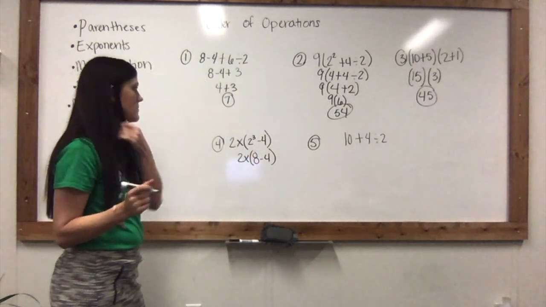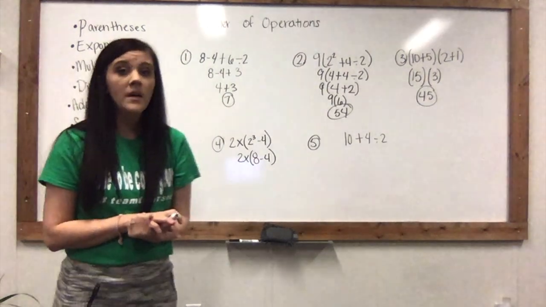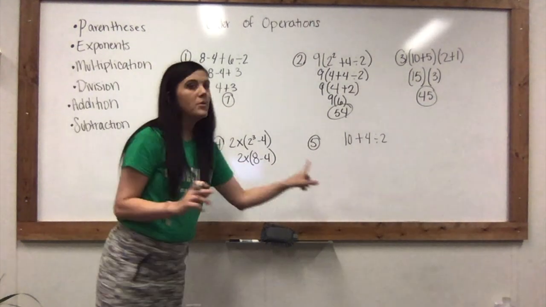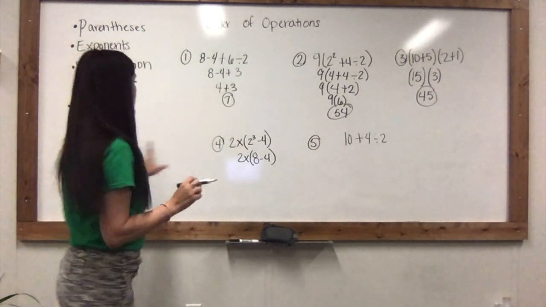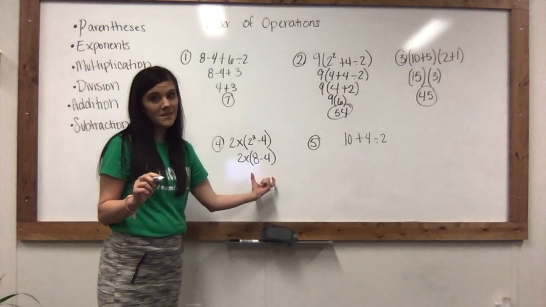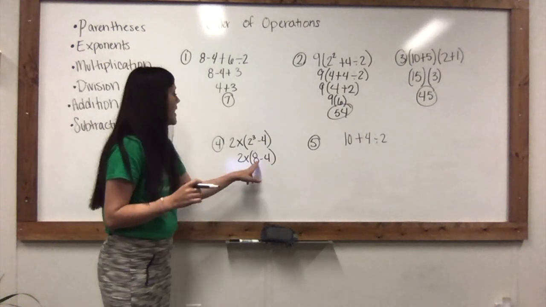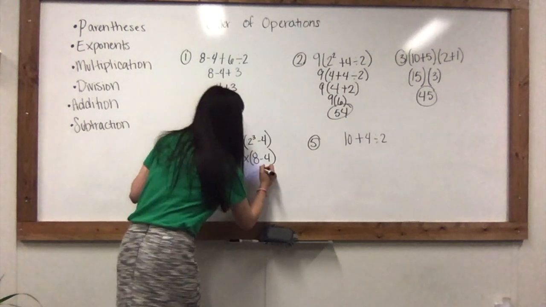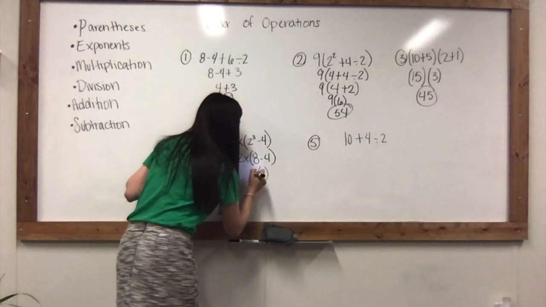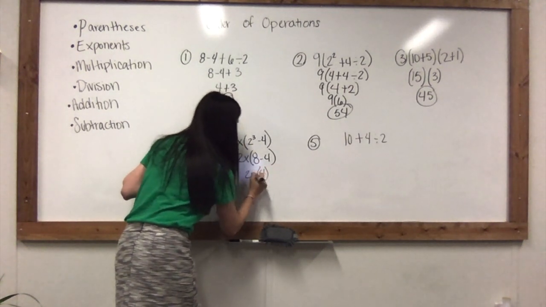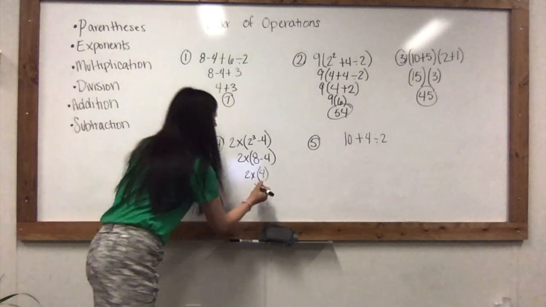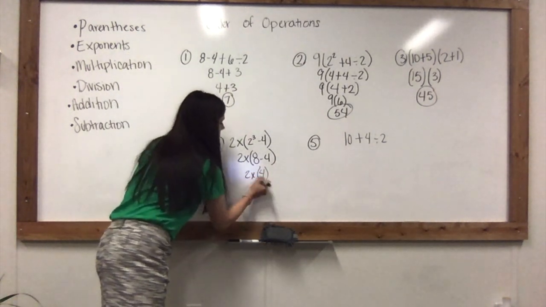Even though we solve multiplication before subtraction, we have to do parentheses before we can multiply. So 8 minus 4 is going to be 4. And then we've got 2 times 4, which is going to give us 8.